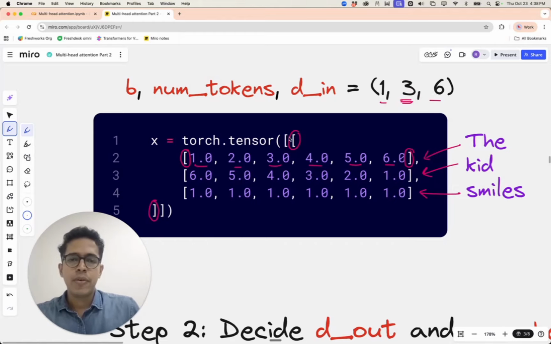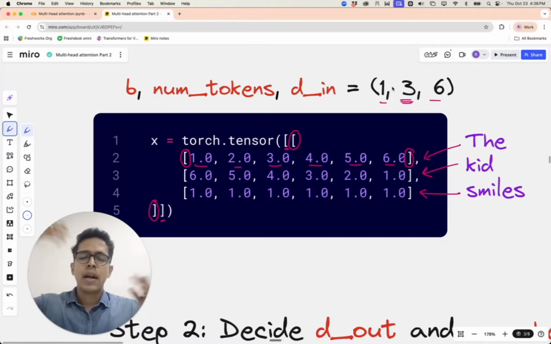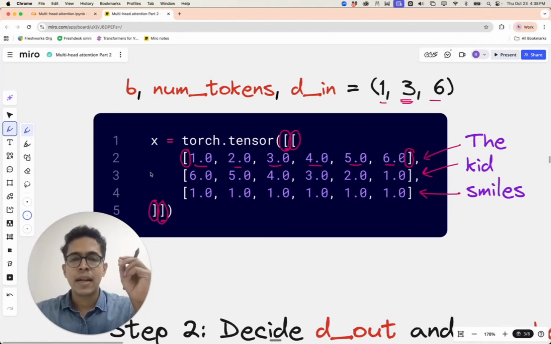If you did not have the last bracket, you would only have 2 dimensions in your tensor. But you have another layer of opening and closing brackets, which says you now have the batch dimension also.